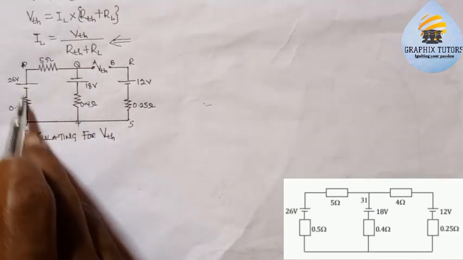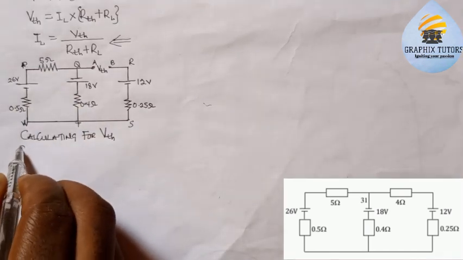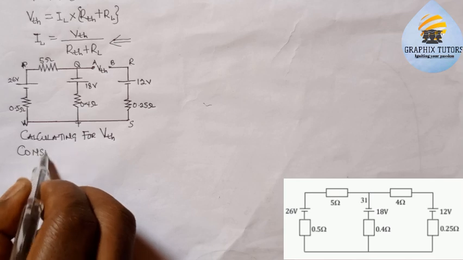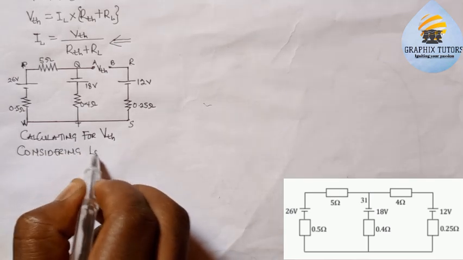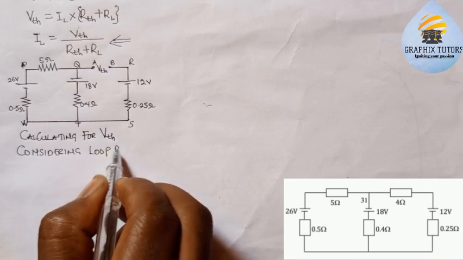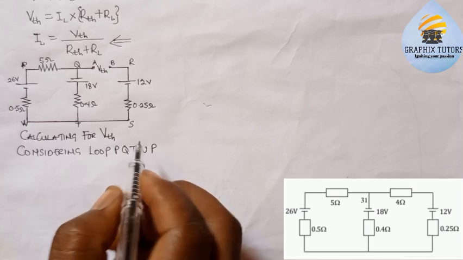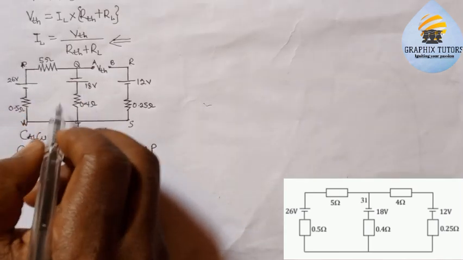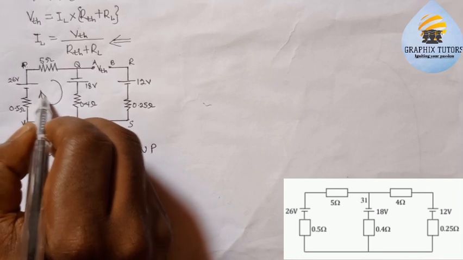We want to consider this loop here, right? So I'll write that considering loop P, Q, T, W, P. That means I'm going in a clockwise manner this way, right?